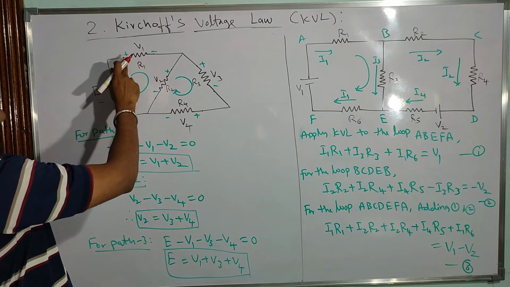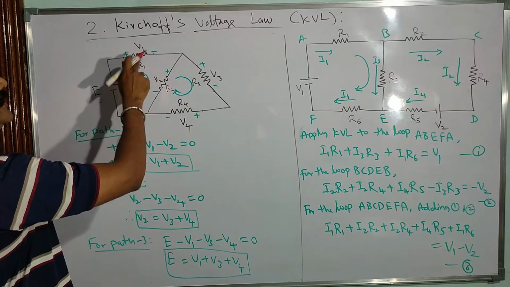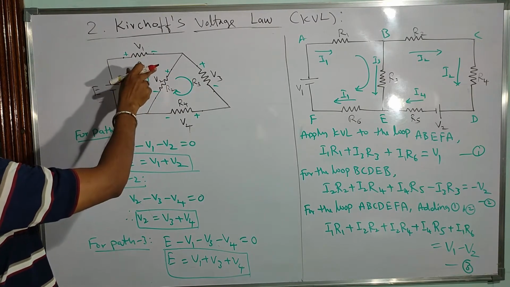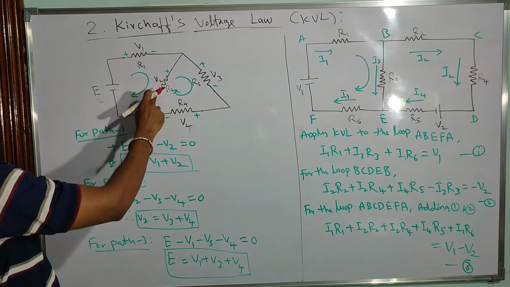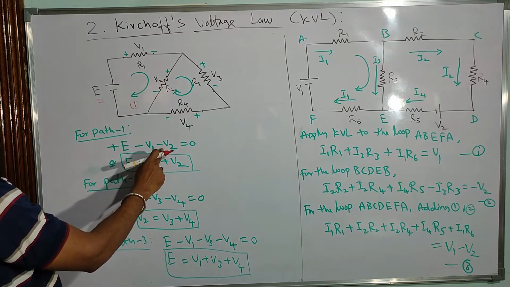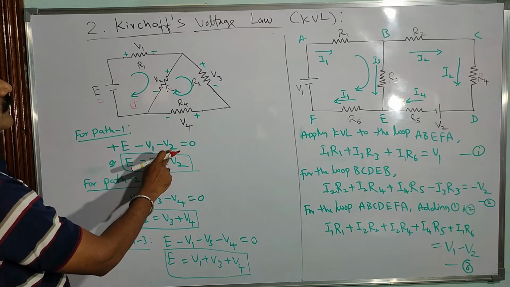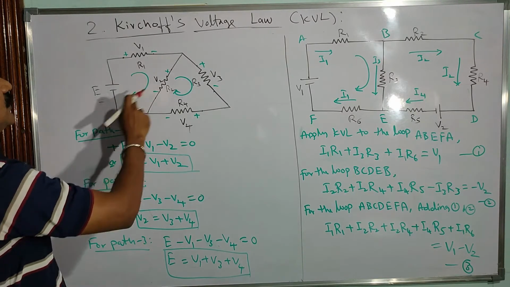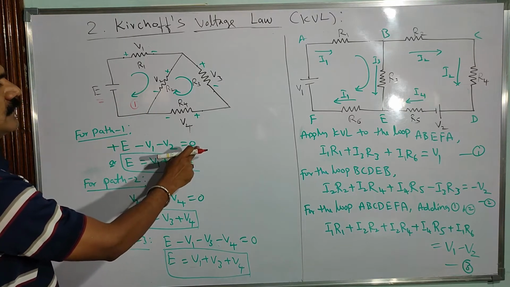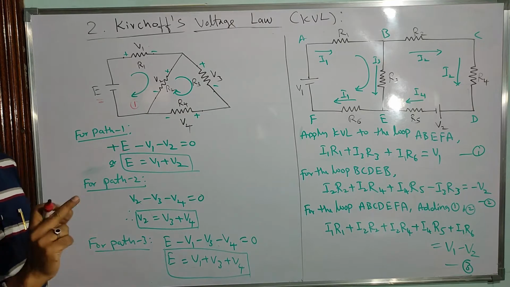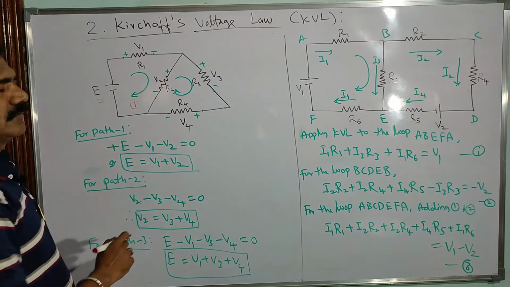From positive to negative side it is a voltage drop, and a voltage drop is considered negative. So minus V1. Here also there is a voltage drop from positive to negative direction, so minus V2. So E minus V1 minus V2, and the total in this particular path, loop 1, is equal to 0. That is according to the statement of KVL. So E is equal to V1 plus V2.